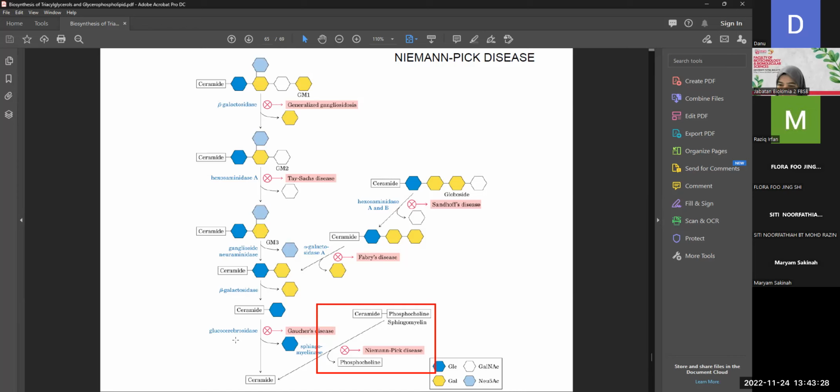One deficiency of one enzyme can lead to a medical condition. We have Tay-Sachs disease, Sandhoff disease, Fabry disease, Gaucher's disease, Niemann-Pick disease.